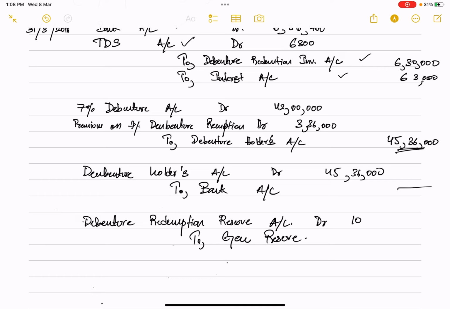The value will be whatever amount we had opened, that's 10,50,000, and with this we come to the end, and we have redeemed the debentures and repaid the loans that we were supposed to pay.